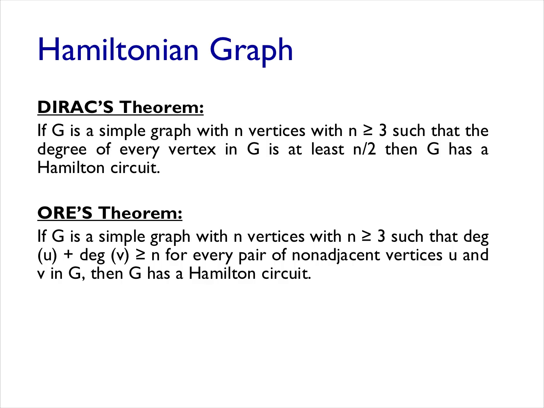But n over 2 is 10. So you started from here, you took a round which passes through all the vertices, and then you end up back here. So what's the problem? That n over 2, yes, this.